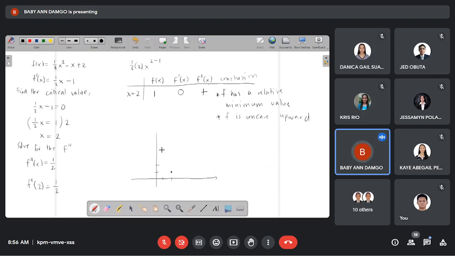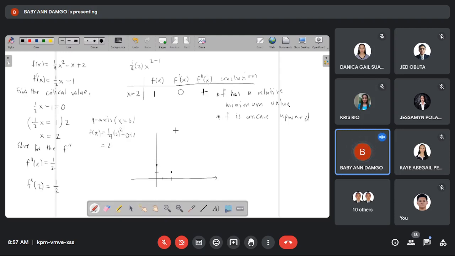Okay, so before that, we will first check where it intersects. So here, we can find where it intersects the y-axis. So for the y-axis, we let x is equal to 0. So we have f of x is equal to 1/4 times 0 squared minus 0 plus 2, which is equal to 2. Okay, so it is here.